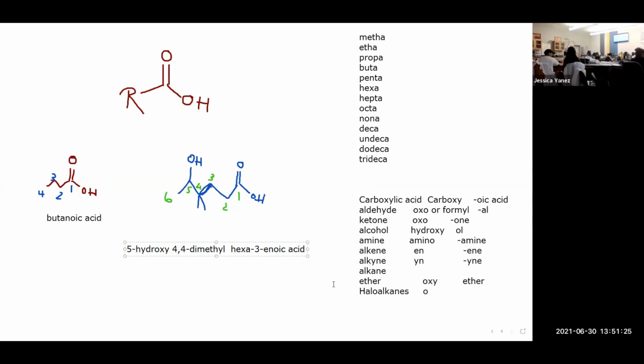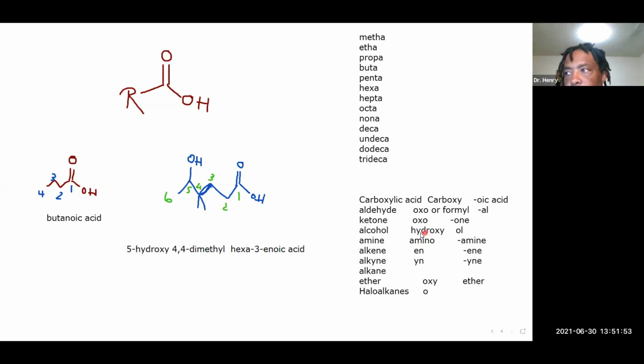So in this one, hydroxy? Why is number 5 hydroxy? Because it's an alcohol, and the alcohol in this case is lower in priority than the carboxylic acid. We have to use the prefix. So this here is the prefix, and this is the suffix. Oh, you guys can't see what I'm pointing to, can you? Can you see it now?